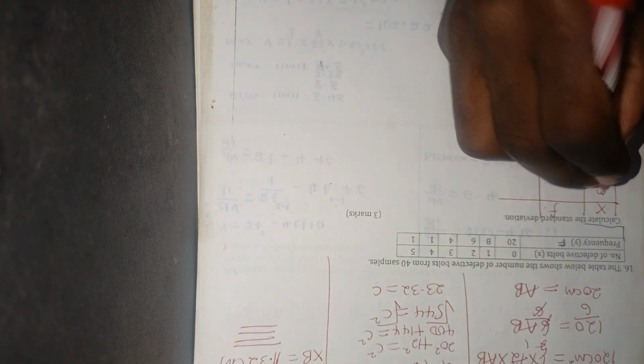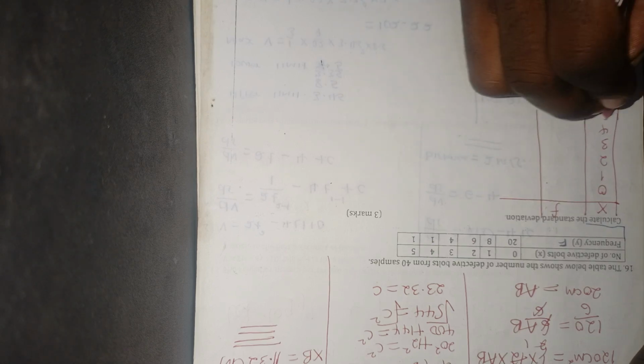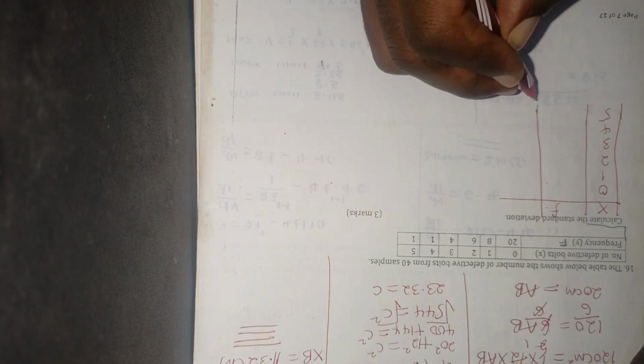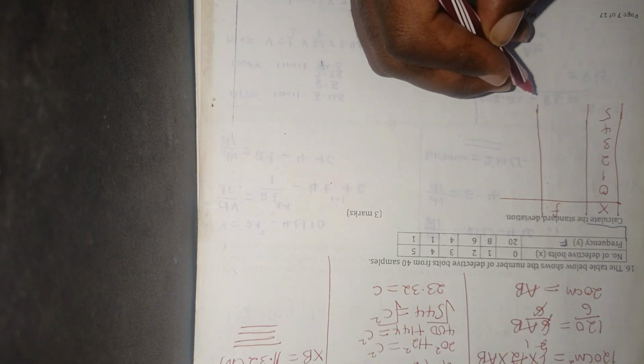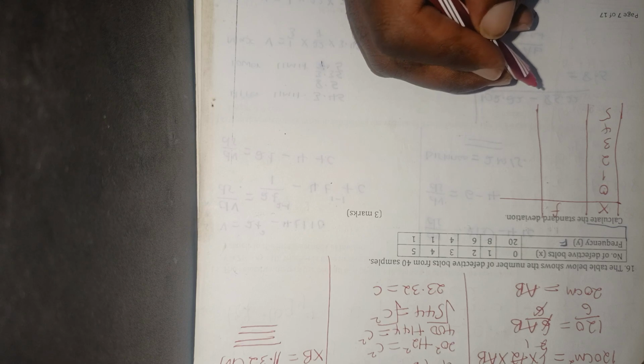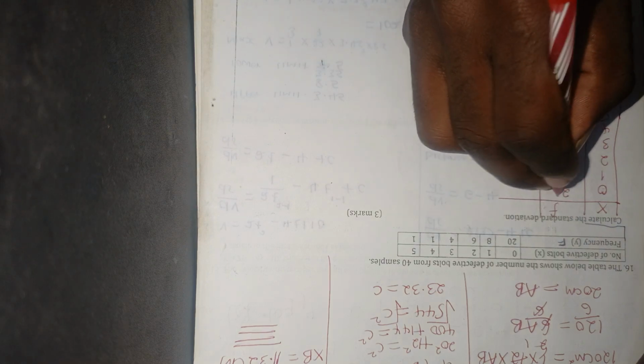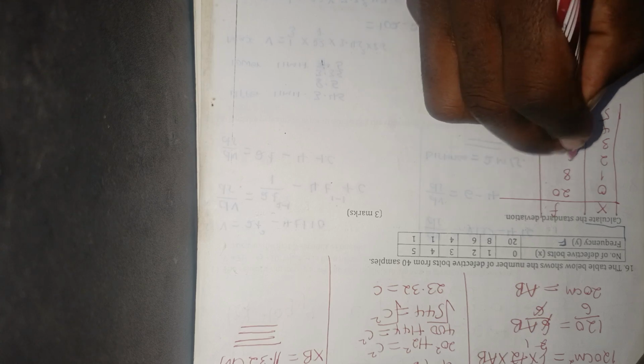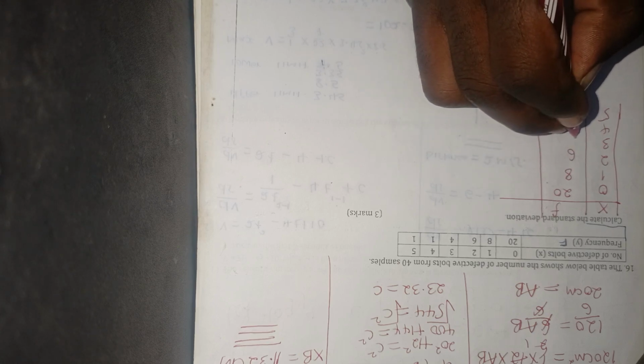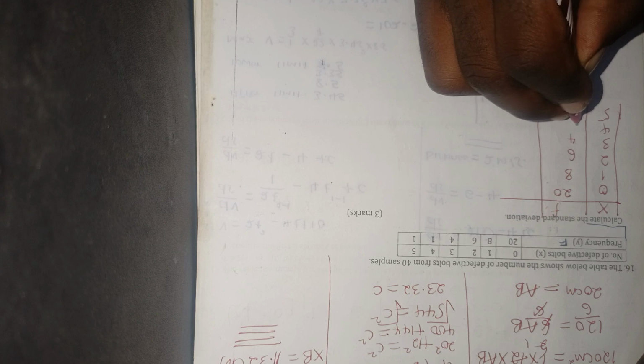Our values of x are 0, 1, 2, 3, 4, 5. The frequency, or the number of times each defective bolt occurs, will be as follows: 20, 8, 6, 4, then 1, 1.